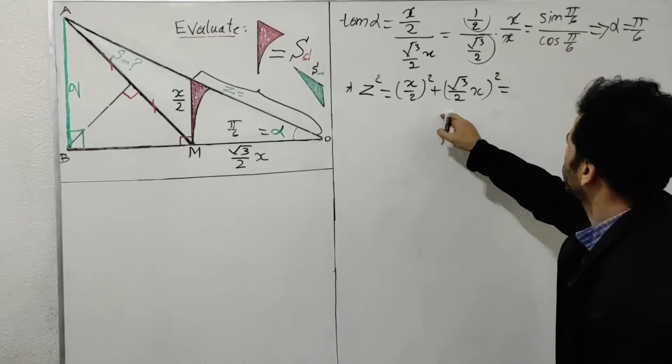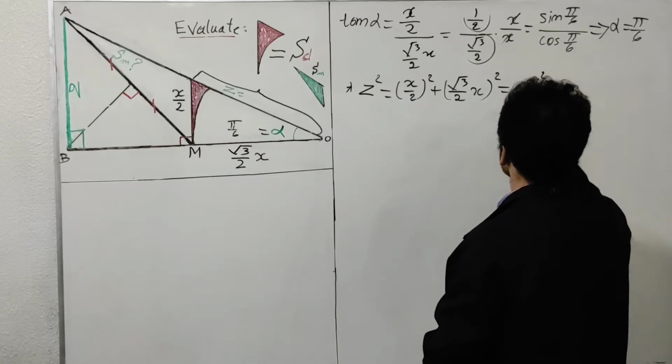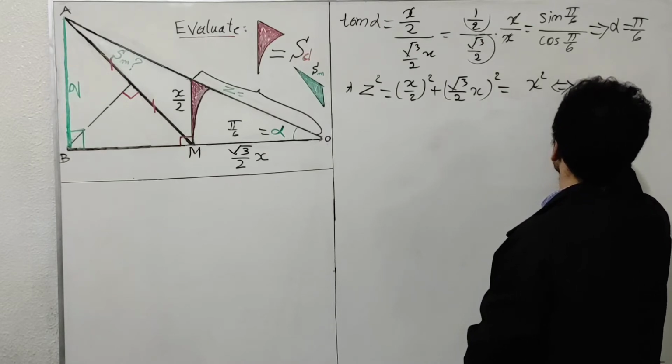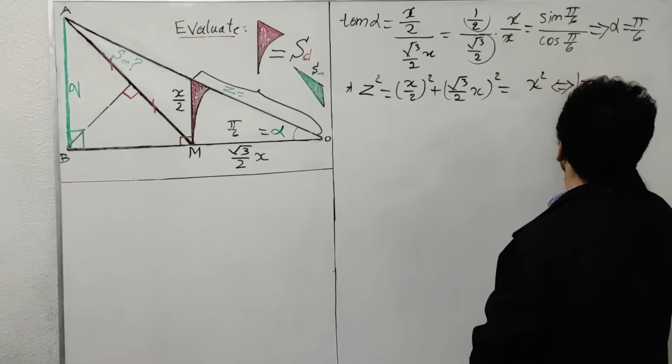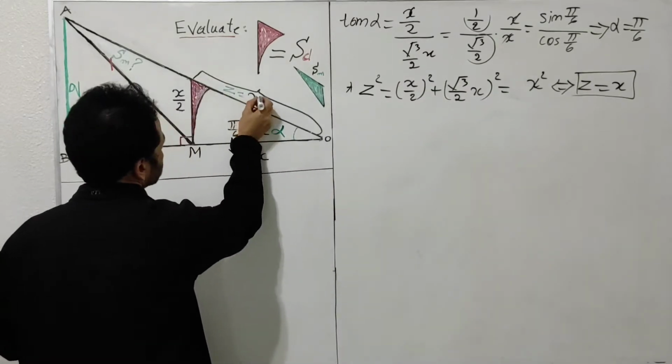If you calculate this, it is given as x squared, so z equals x. So let's replace z with x.